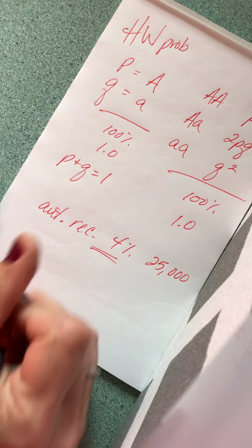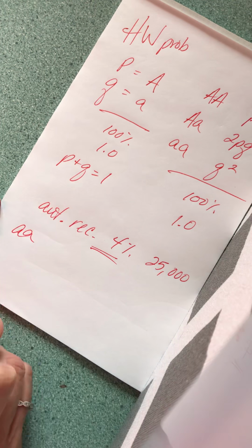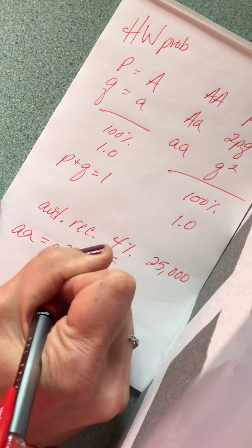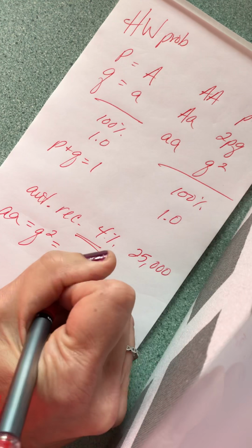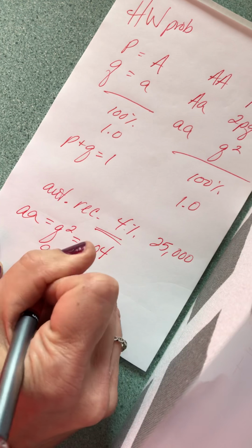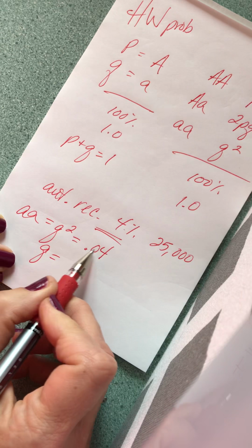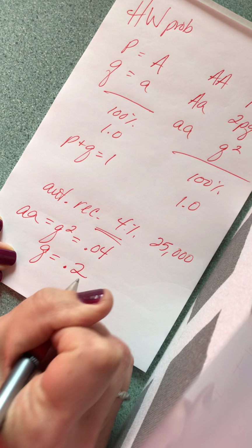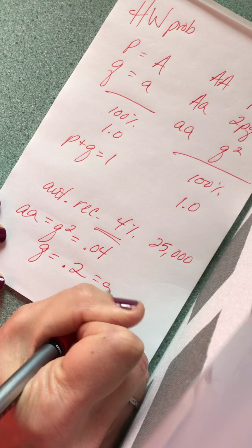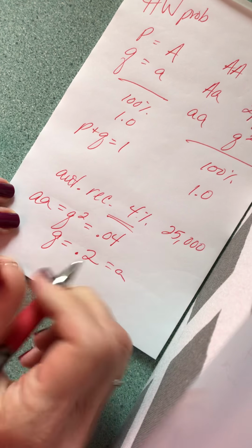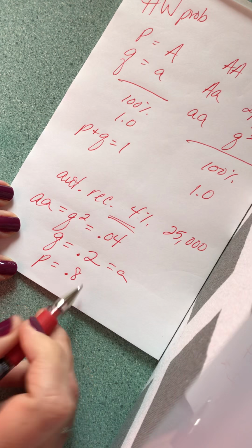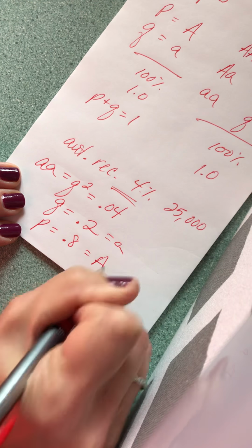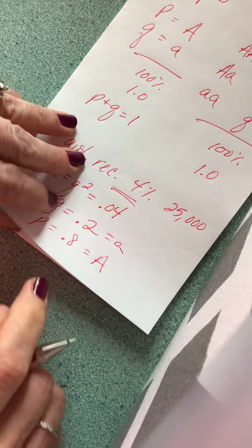They've told me autosomal recessive, so that's little a. So that's Q squared. So I want to first change this out of a percentage, so 0.04. And then I find the square root of it. The square root of 0.04 would be 0.2. So this is equal to the frequency of the recessive allele. P must be 0.8 because these two have to add up to 1. And so the frequency of the dominant allele is 0.8.